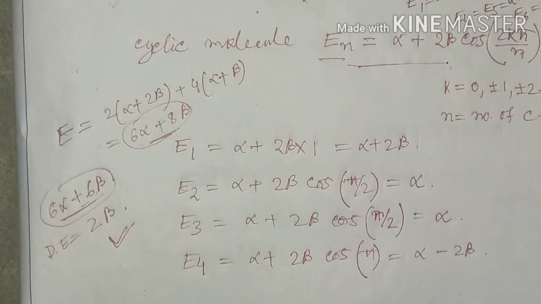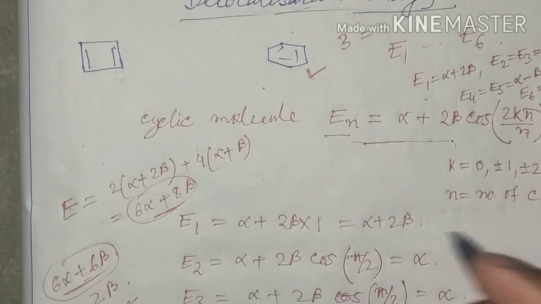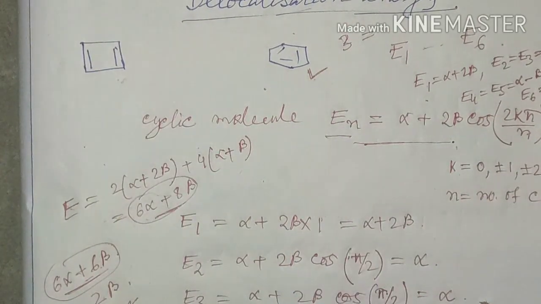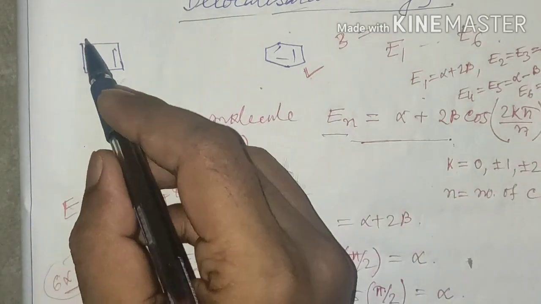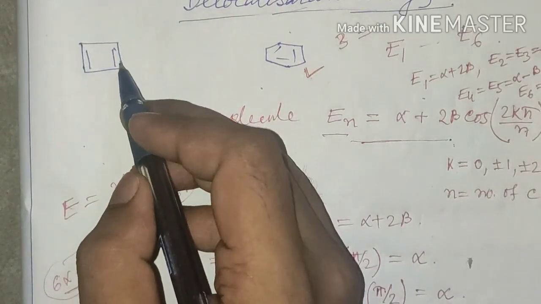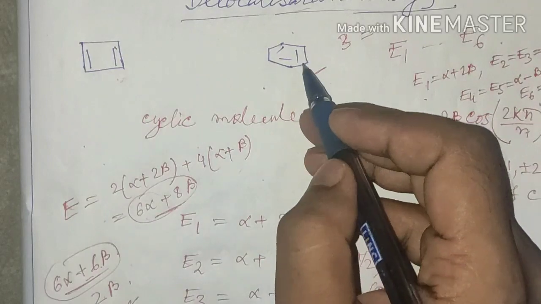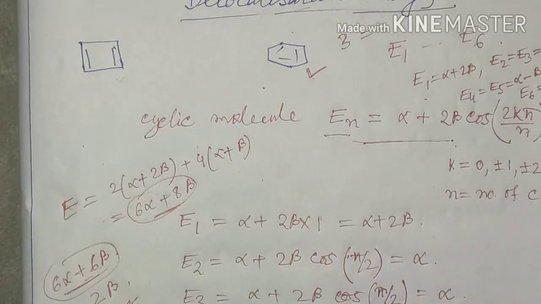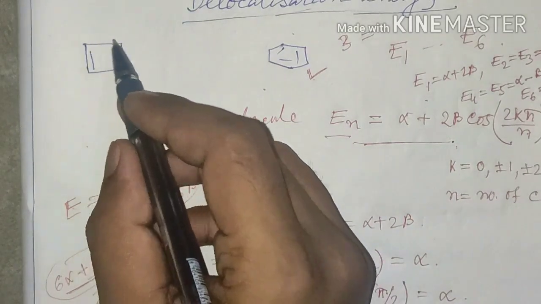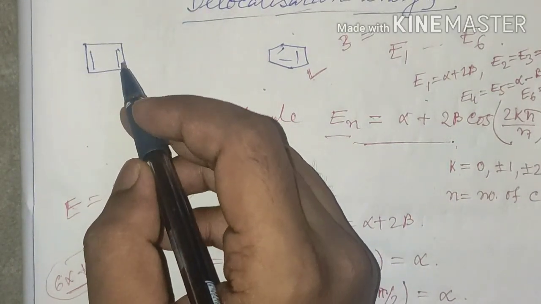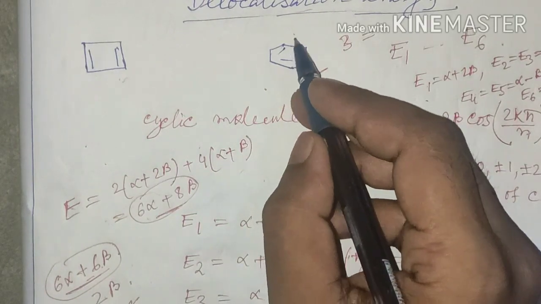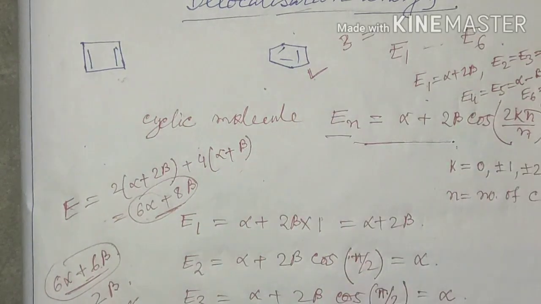Here I want to say one thing: in all the cases, for cyclobutadiene or benzene, I am saying repeatedly that cyclobutadiene is formed from 2 ethylene molecules or benzene is formed from 3 ethylene molecules. The term is not right. We can say that the cyclobutadiene molecule contains 2 ethylene moieties, and similarly the benzene molecule contains 3 ethylene moieties.